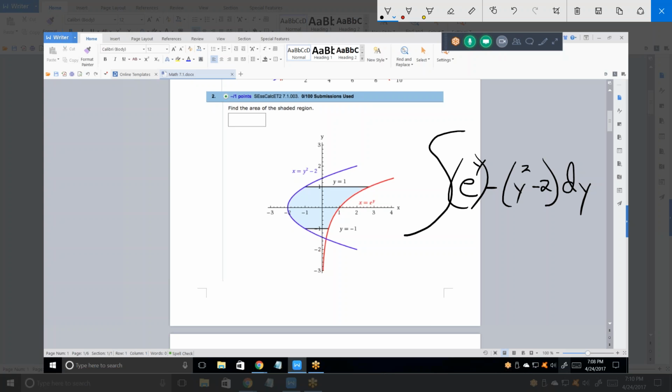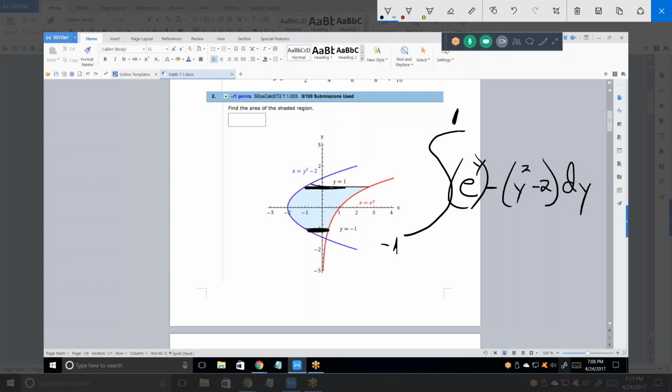I can't do it. Now, what are my limits of integration? Is it 1 and -1? Always go from bottom to top. So it goes from -1 to 1. In other words, this point here to this point right there.